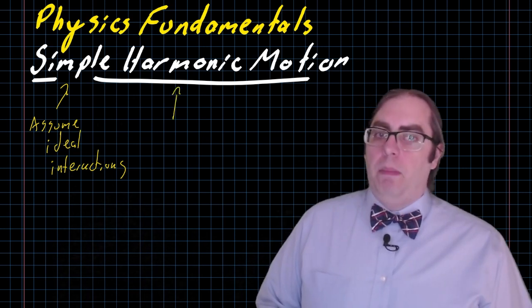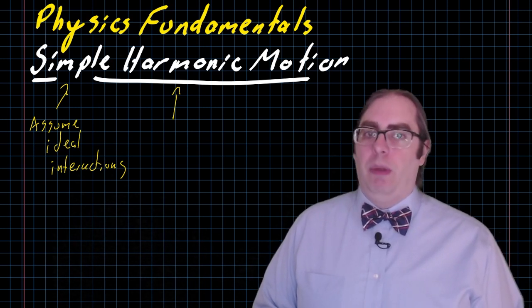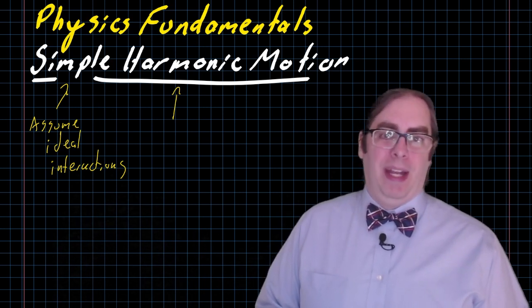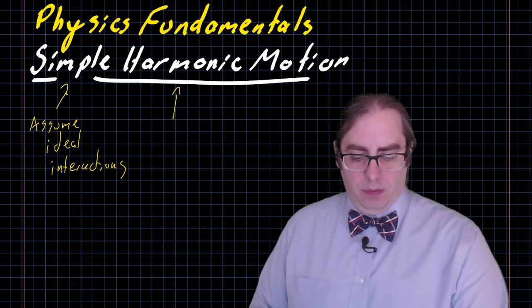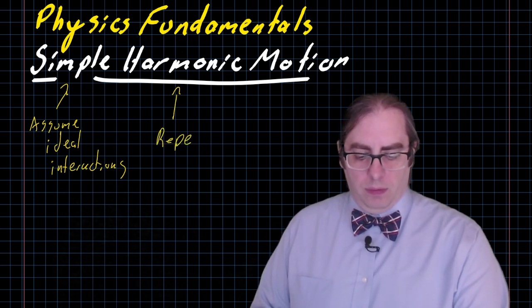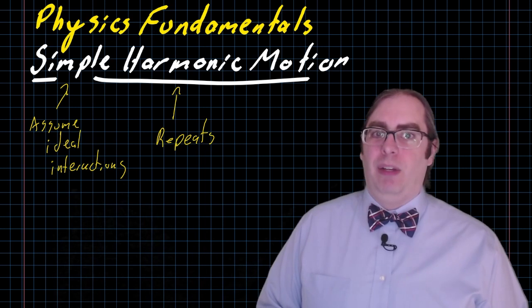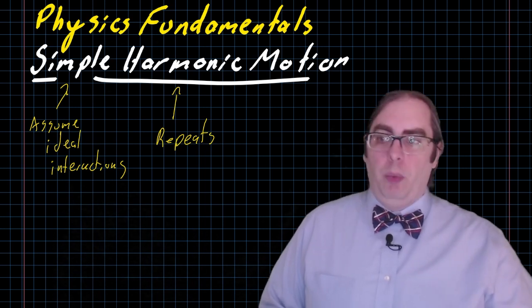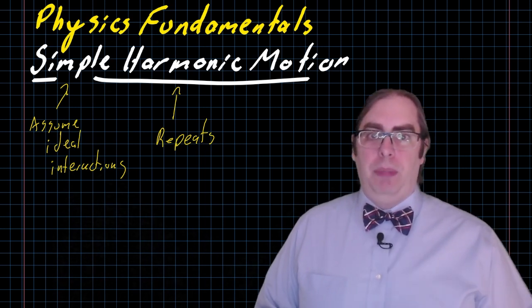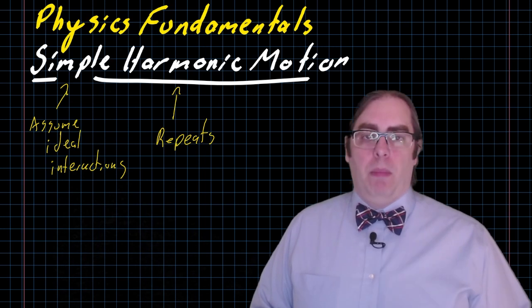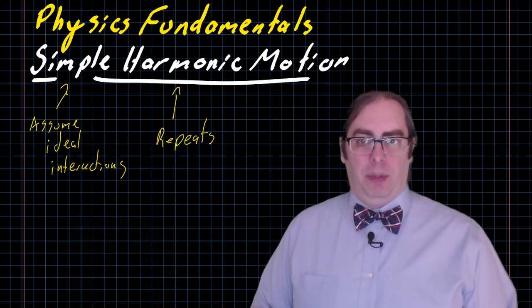And then harmonic is a term that we throw around a lot in mathematics and in physics. Something is harmonic if it repeats. So we are looking at motion that repeats, and we're going to make our model as simple as possible.